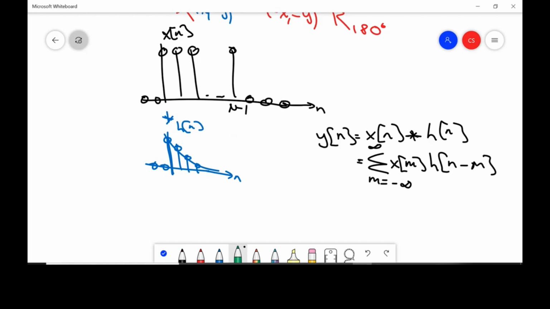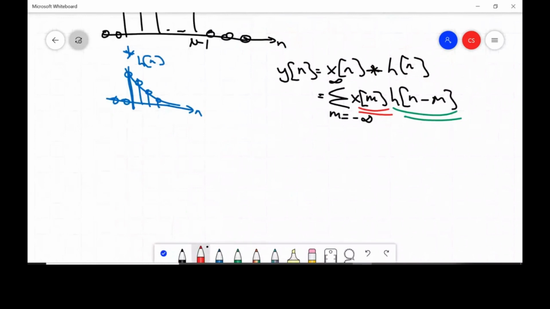Okay, so let's look at this term here. Yeah, let's separate the two. So let's make a different one. This one. So that one means, now this is the axis m, and this will be x of m. But it has the same shape as it had originally.